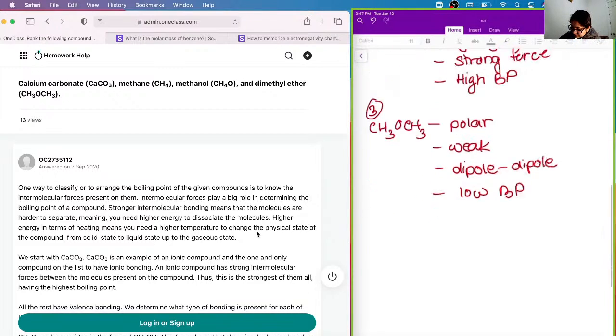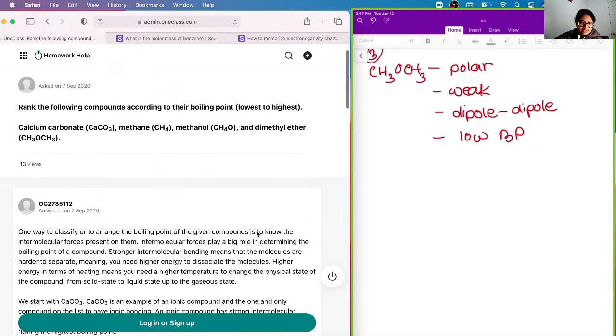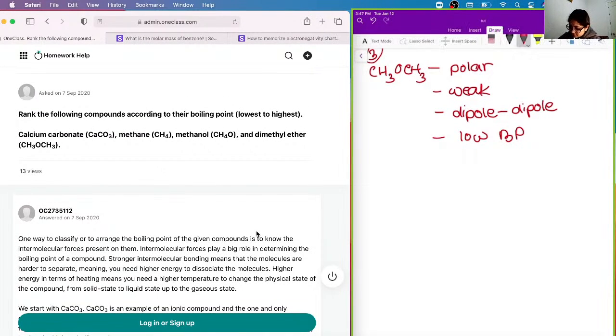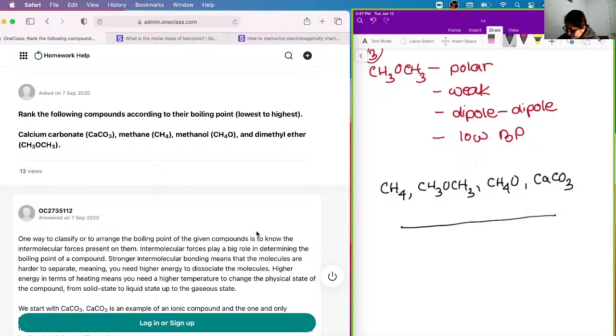So now to rank from lowest to highest, we know that CH4 is the lowest, and then we have CH3OCH3, and then we have CH4O, right? And then lastly, we have calcium. So this is your lowest, so increasing.